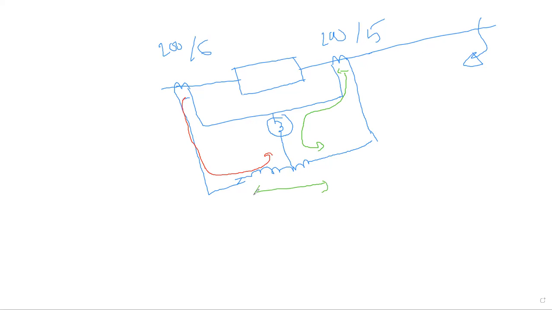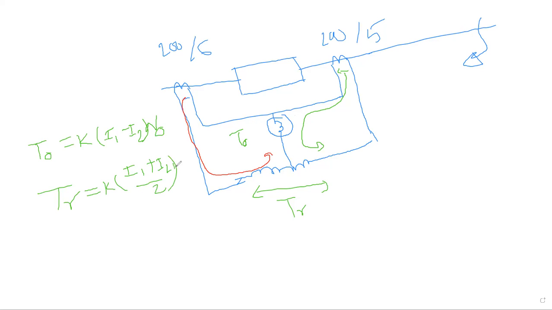One torque, developed at this restraining coil, will be known as restraining torque, and the other torque, developed due to this current at the operating coil, will be called operating torque. Okay. So the operating torque equation is like this: T naught equals K into, as these two currents are opposite to each other, I1 minus I2, into N naught. And the restraining torque will be like this: TR equals K into (I1 plus I2) divided by 2, into NR.